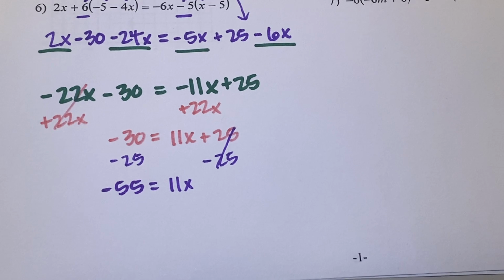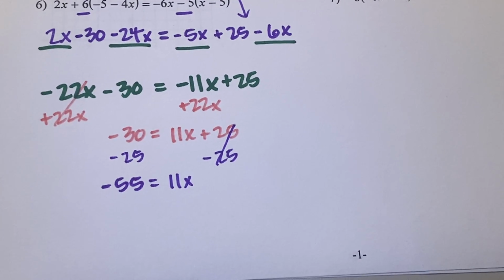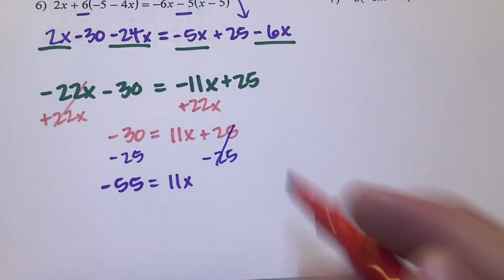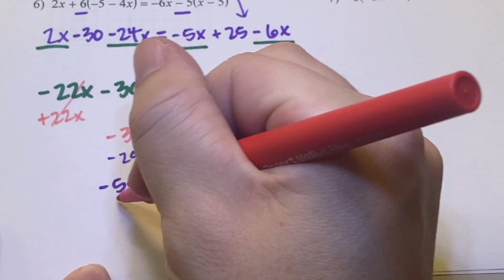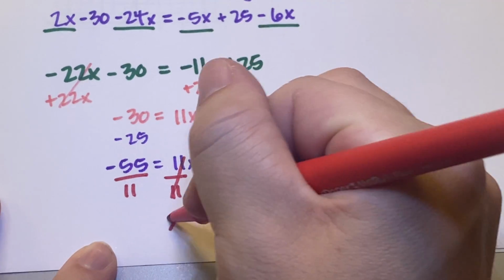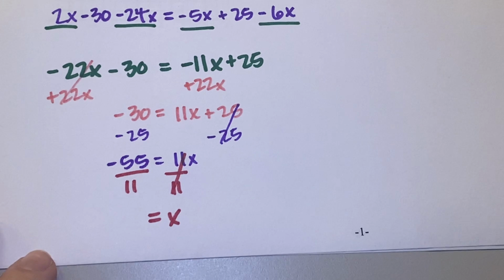Okay, and my last step, how do I get rid of times by 11? What's the opposite of multiply by 11? Divide. Divide by 11 on both sides. X is equal to what?